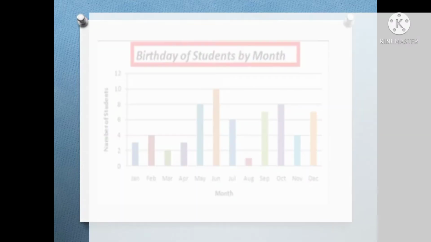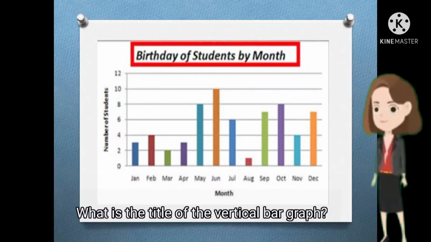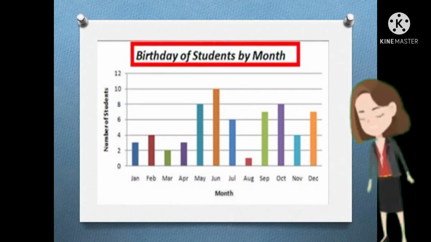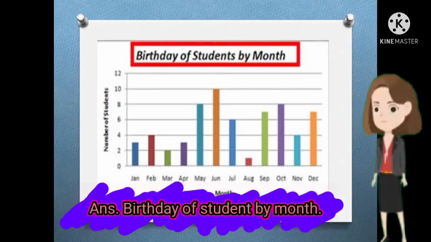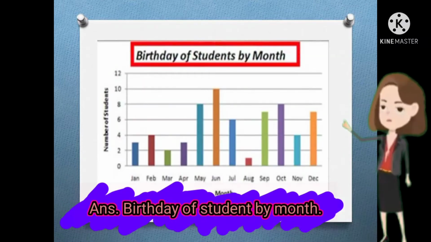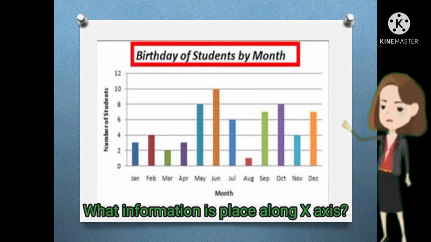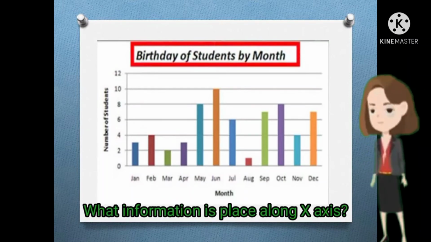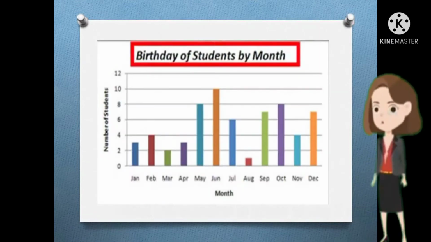Number 1. What is the title of the vertical bar graph? The title of the vertical bar graph is Birthday of Students by Month. Number 2. What information is placed along the vertical or x-axis?